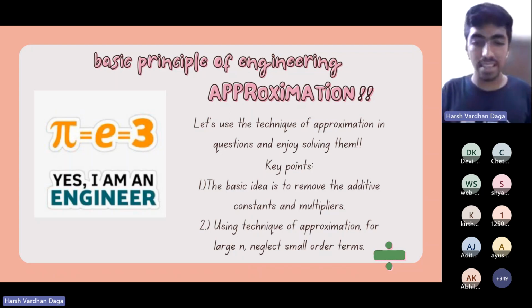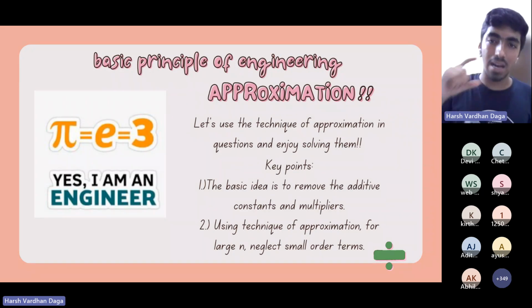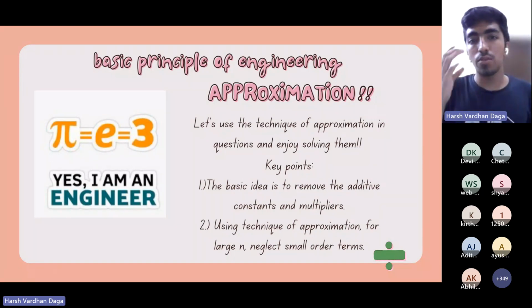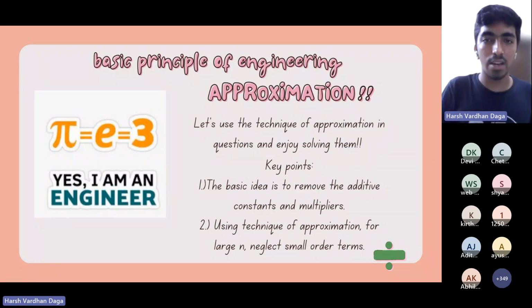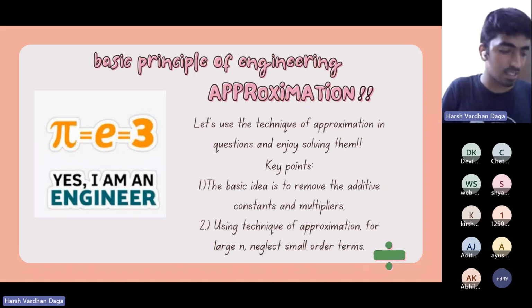Second, use the technique of approximation: for arbitrarily large n, take only the higher order terms and neglect the lower order terms. One approximation commonly used by engineers is that pi can be approximated as 3, and e can also be approximated as 3.